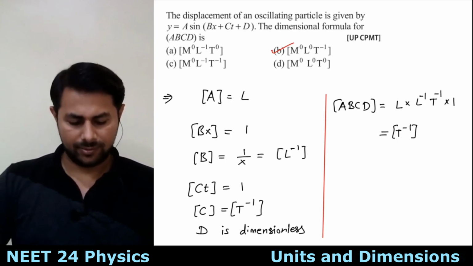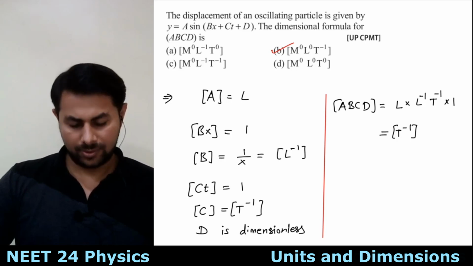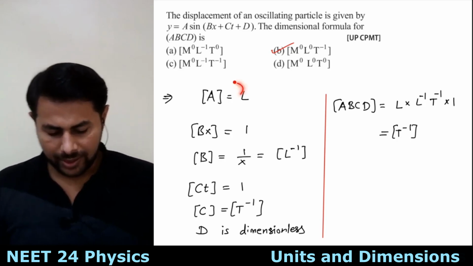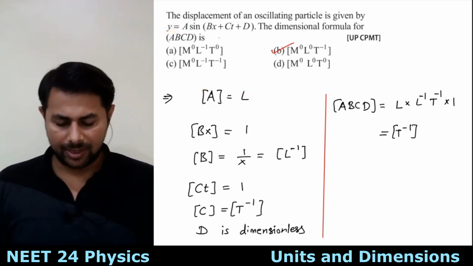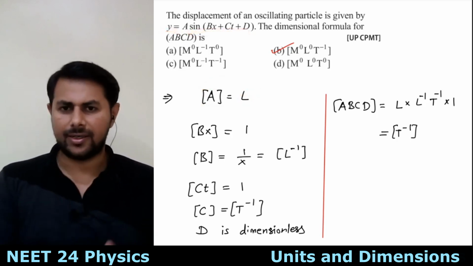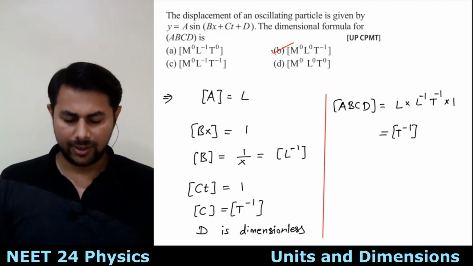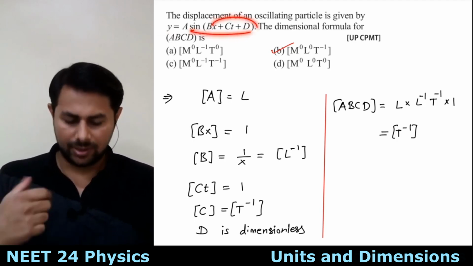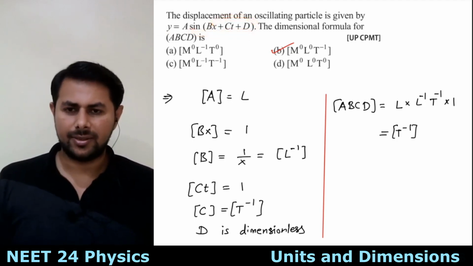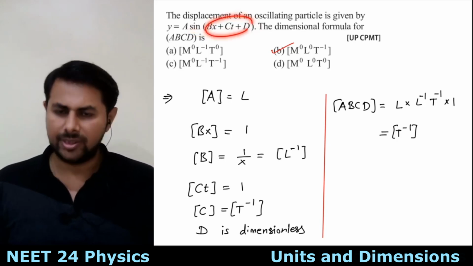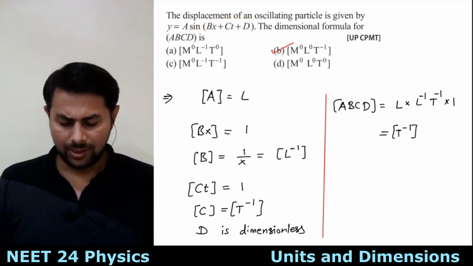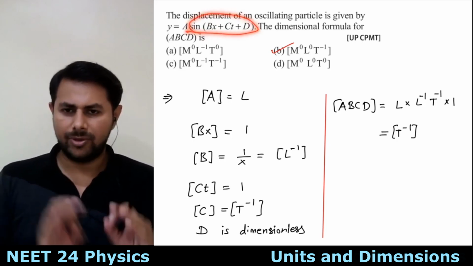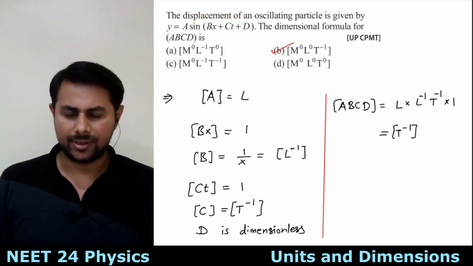Sir, how did you take that A equal to L? How did I take a equal to L? See, y is equal to a multiplied by this thing, sine of this bracket. Okay, that means what is there inside the bracket? It's sine of something, means the term inside the bracket is an angle. Okay, so sine of an angle is pure number, it doesn't have any dimensions.